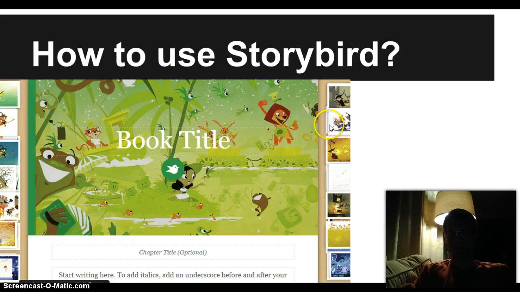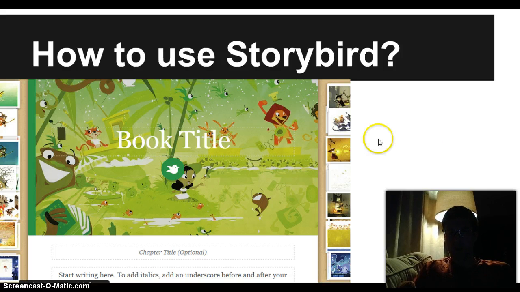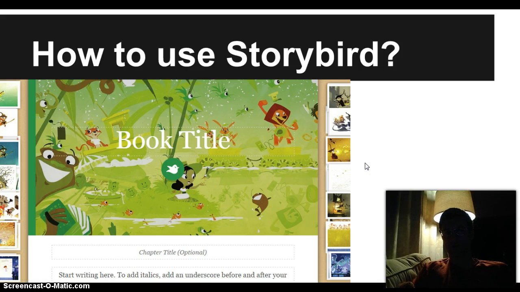Page 1 will look just like this. You can drag and drop the image that you want for that page, and then you can start writing the words that are going to be on that page. You do not have to do a storybook. You can also choose just a picture book to tell your story, or you can choose a poem.